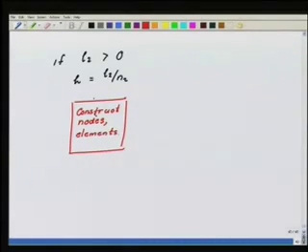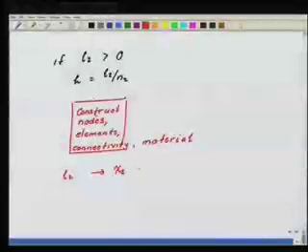Elements, and then connectivity, and then material information, which material domain it lies in. So in this case for L2, we know that L2 actually goes from x2 to x3.